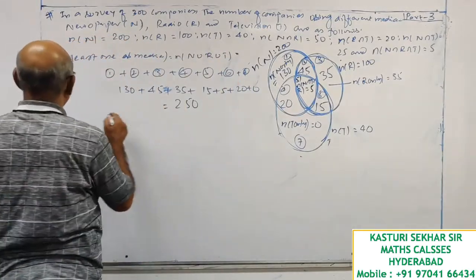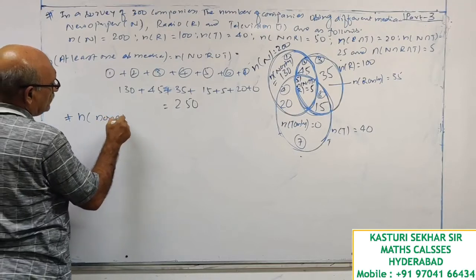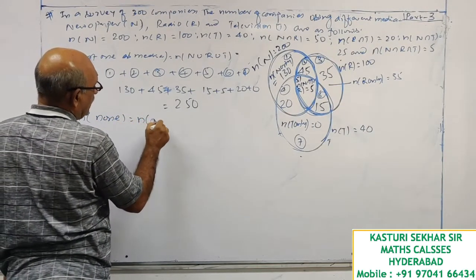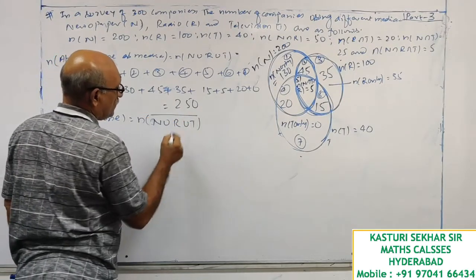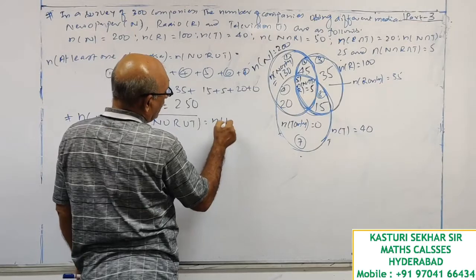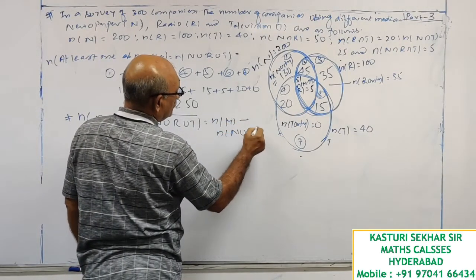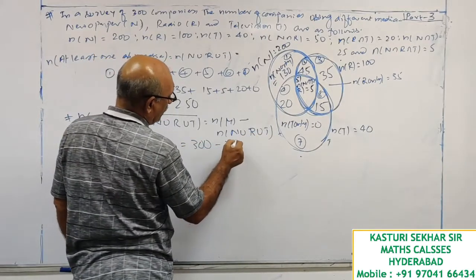Now none, the last question. N of the complement of newspaper union radio union TV is equal to n of U minus n of the union, which is 300 minus 250.